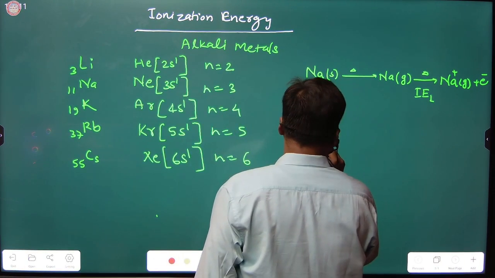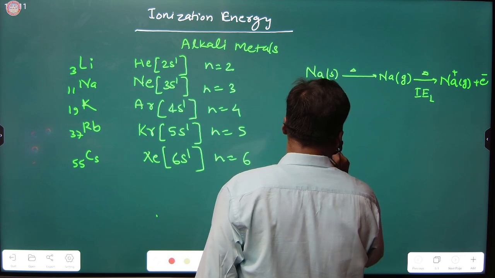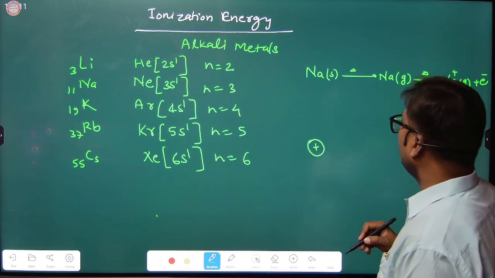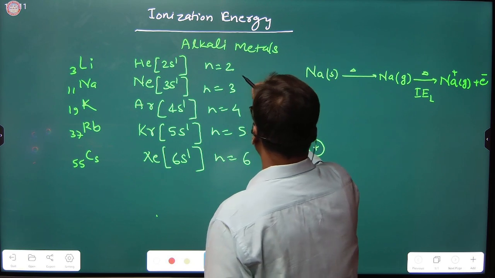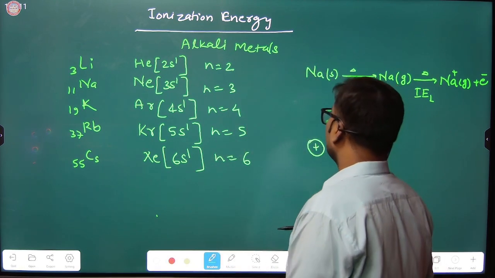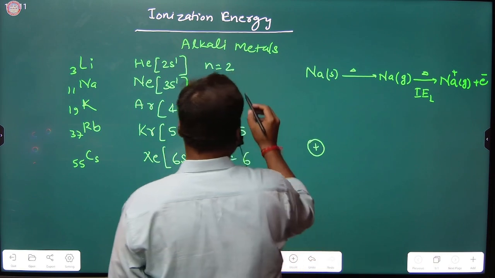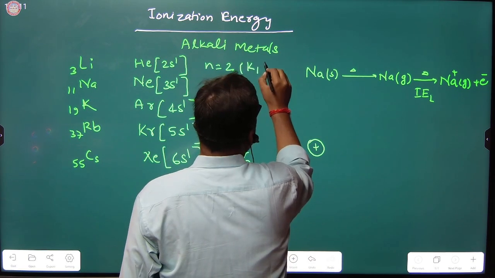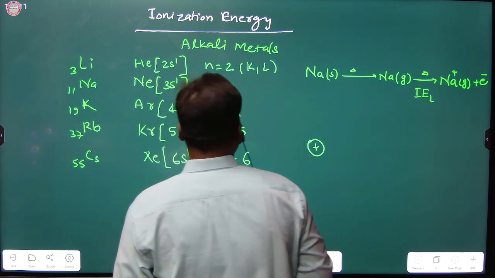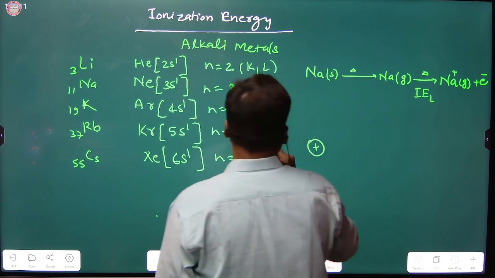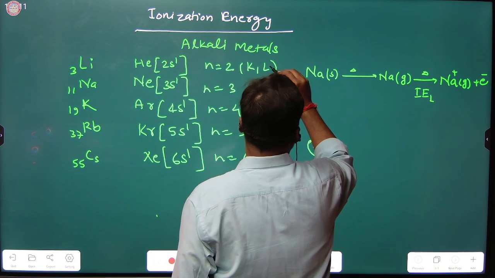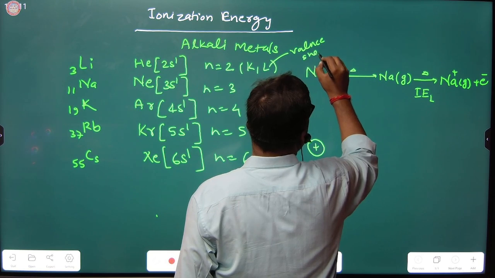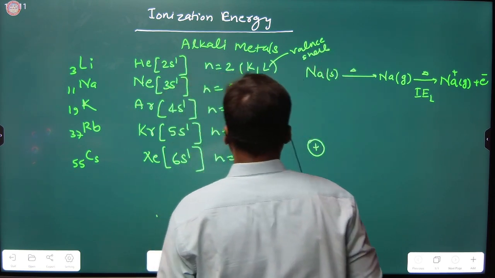Suppose this is the positively charged nucleus of any alkali metal. For lithium the principal quantum number is 2, which means it has two shells, the K shell and the L shell, and this is the valence shell.